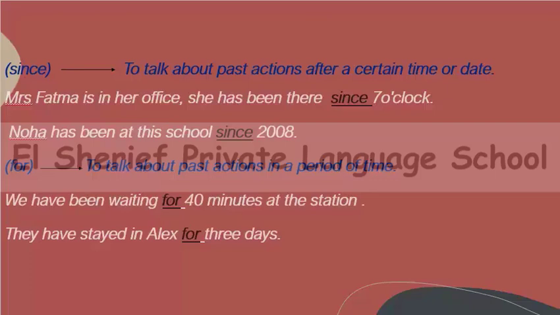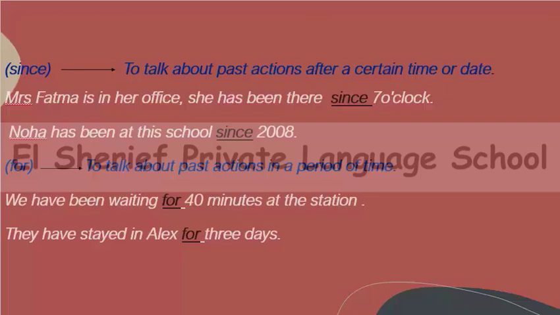Okay, next, we use for to talk about past actions in a period of time. When we use for, we know the period of the action, how much time this action took, but we don't know when it started. Like, we have been waiting for 40 minutes at the station.